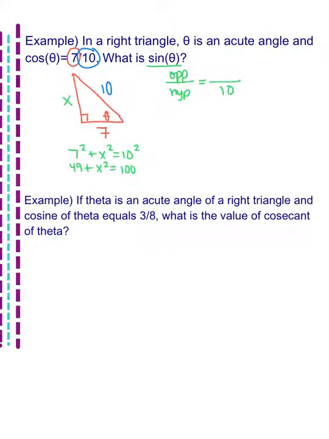When I subtract the 49 from both sides, I get x squared equals 51. And now when I take the square root, I get x is plus or minus the square root of 51. The square root of 51 doesn't simplify, and since I'm dealing with a side length, the positive answer is the only one that makes sense. So I end up with the square root of 51 over 10 as sine of that angle theta.